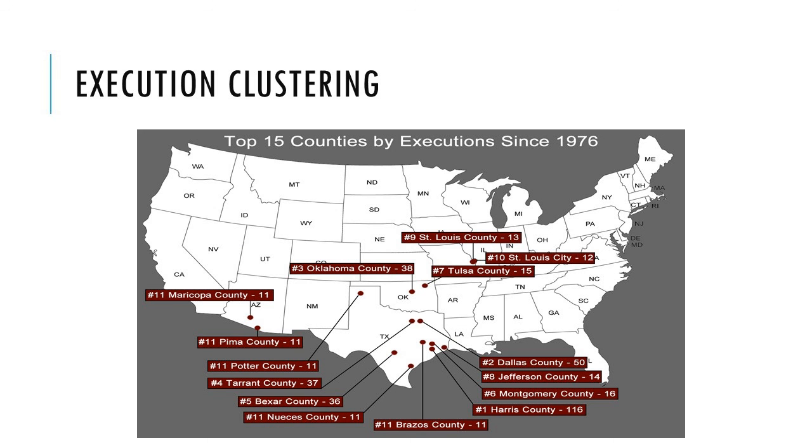The next slide shows again that sort of cluster of executions where the crimes have taken place. As you see, there's a lot that have taken place in Texas, around major cities. Usually, people are more likely to face the death penalty in rural areas, but there are some exceptions in places where they're more frequently using the death penalty, and you see that around Houston, Dallas, popular areas in Texas, also in Oklahoma, Missouri, and then Arizona around major cities there.